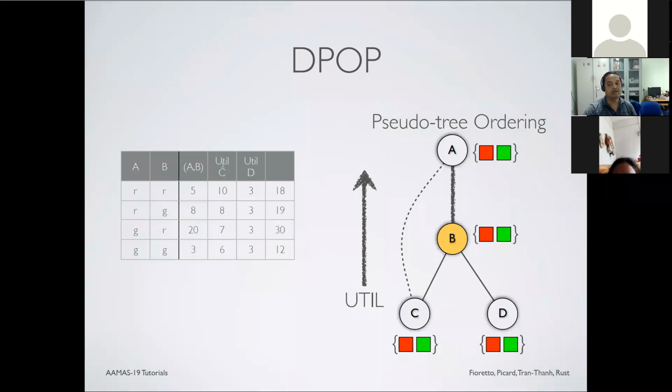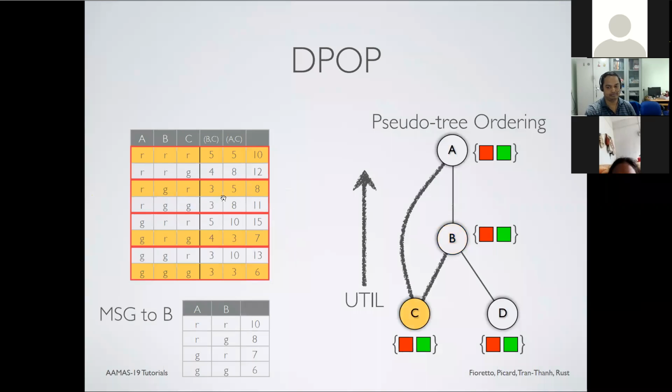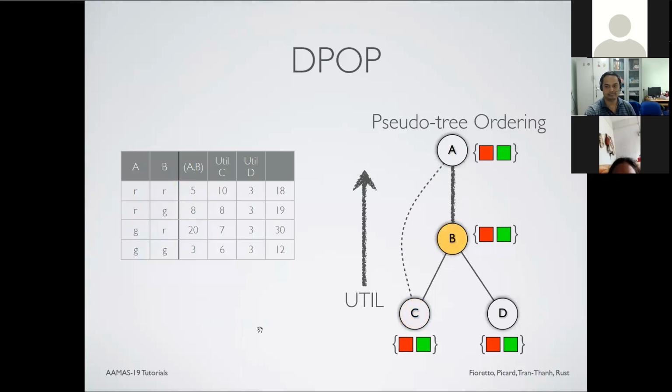Take the utility of C, which is the minimum one that we have already calculated. This is C. Similarly, take it for D.